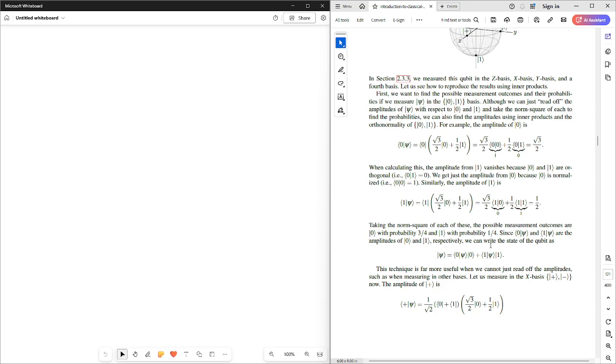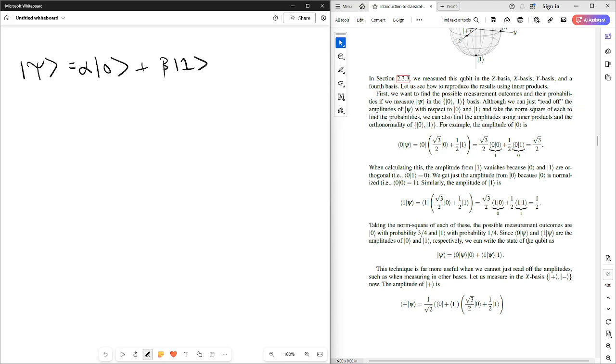So this is equivalent. Let's say we have psi equals alpha 0 plus beta 1.